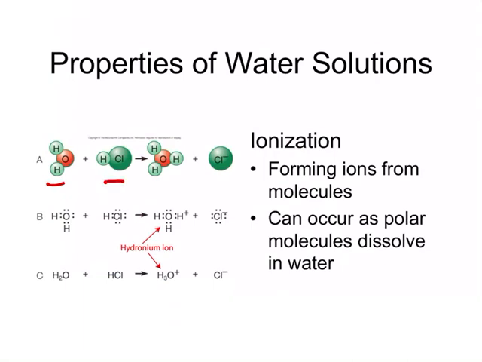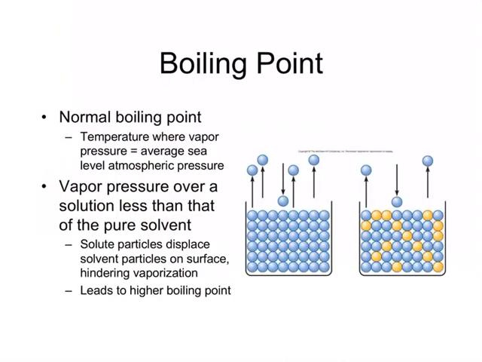Ionization is whenever you take water and, say, hydrochloric acid, and you take this hydrogen and add it over here to the water, then you've created what is called a hydronium ion, which is positively charged, and then this chlorine ion, which is negatively charged. And like I said, you don't really have to know how to do this. You just need to know that when it separates into a positive and negative charge, it's known as ionization.